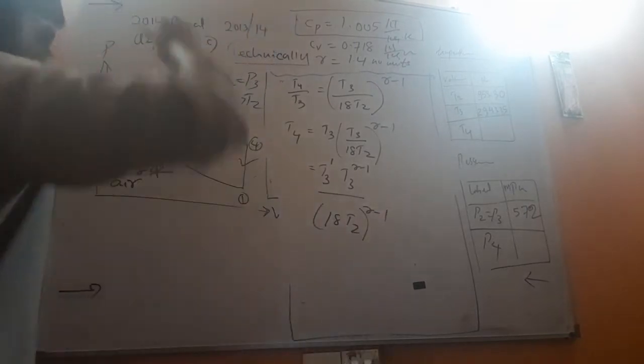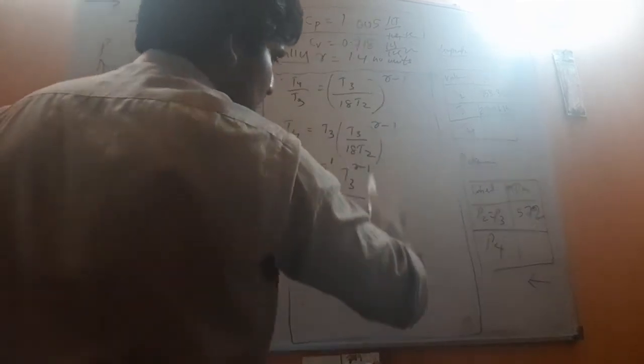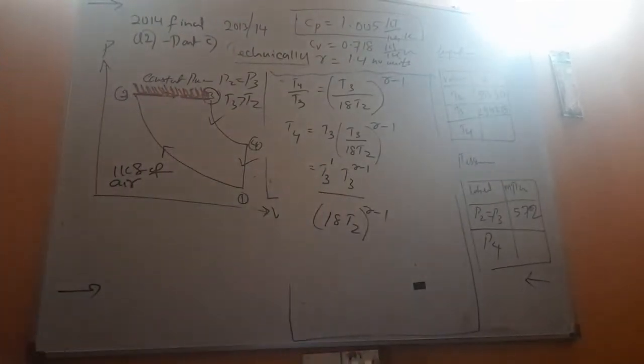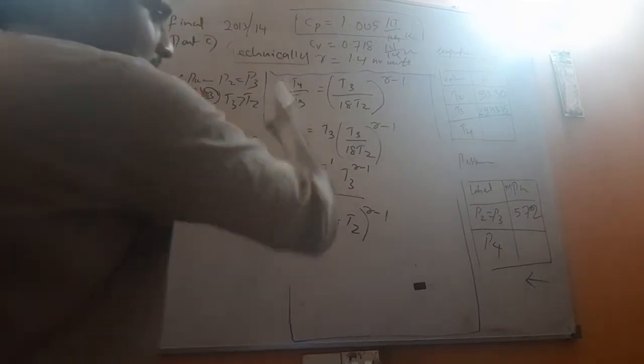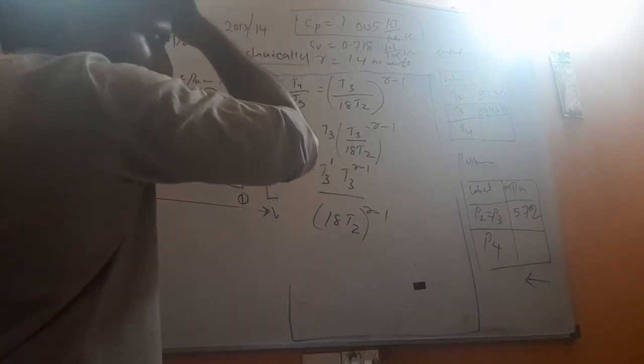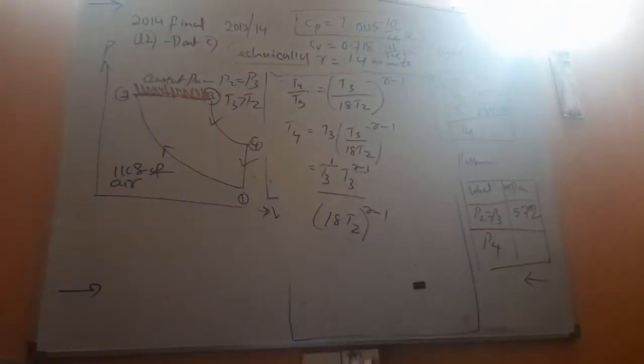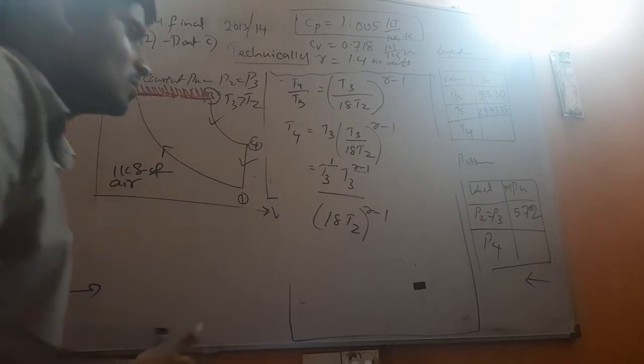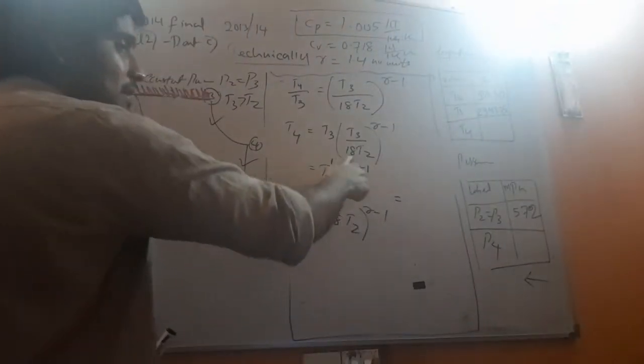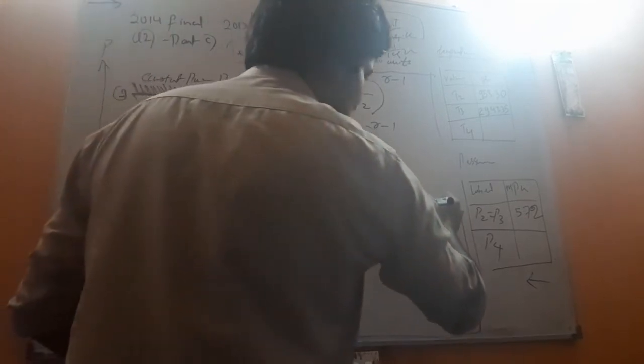Because if you are going to apply this power separately, right? 1, gamma minus 1. What can you do? You can add the power, right? So what could be the final answer? 1 plus gamma minus 1, that would be T3 to the power gamma.